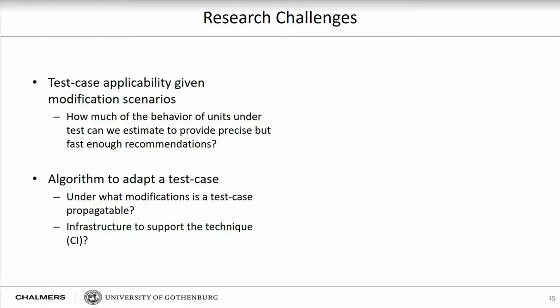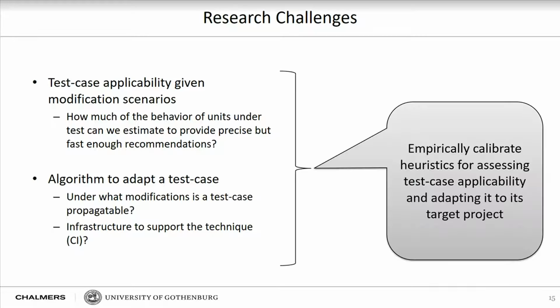For example, if we have to build test cases to compare output of the test cases, are we going to make use of CI and so forth? And this requires an empirical investigation to calibrate different heuristics for assessing test case applicability, as well as adapting a test case to a target project. And these are our research challenges.